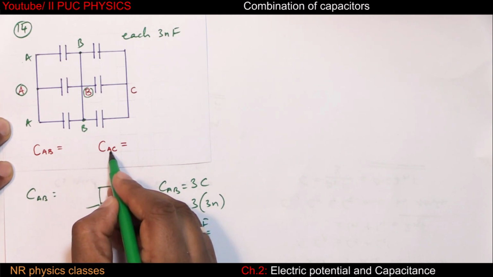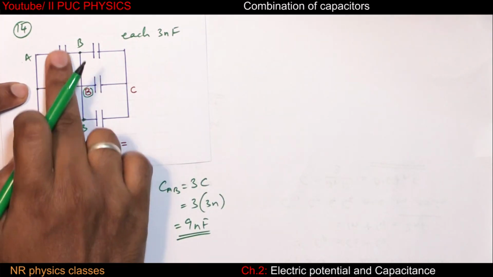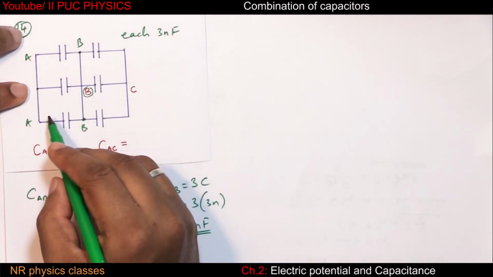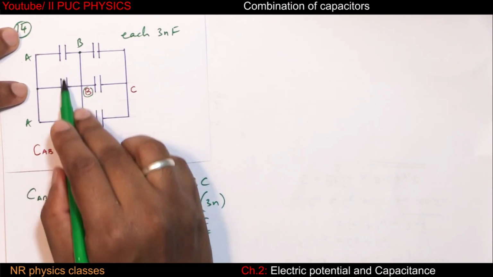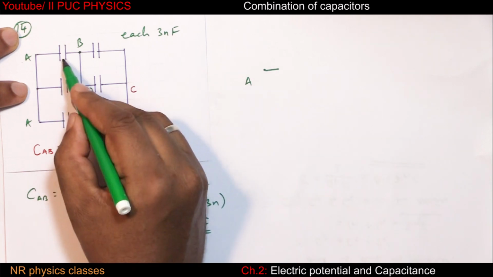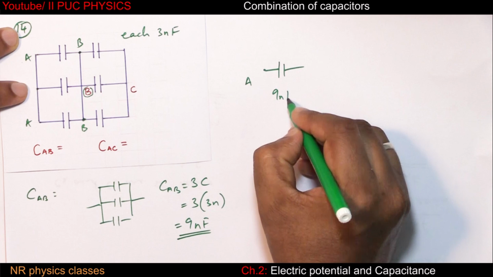How about between A and C? A is here, C is here. These three are in parallel. This gives 9 nano. So this is A. These three are in parallel. If this is A, these three give 9 nanofarad.